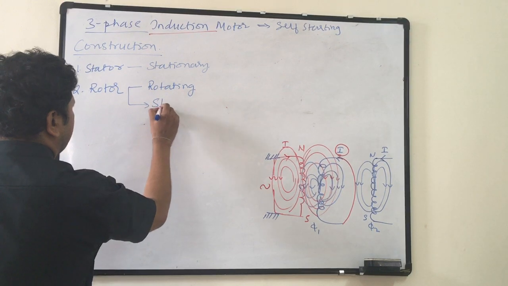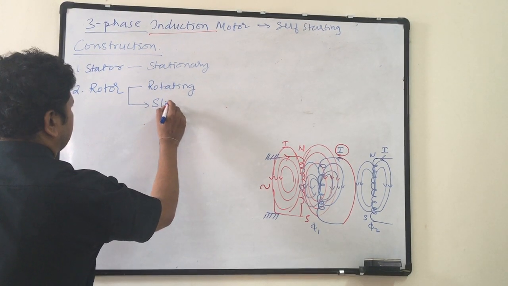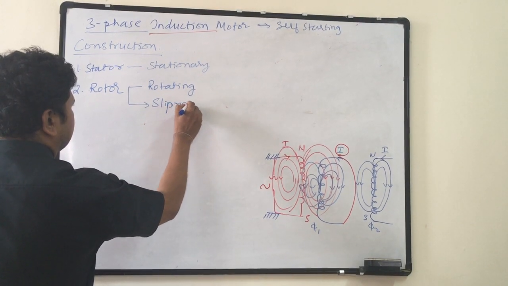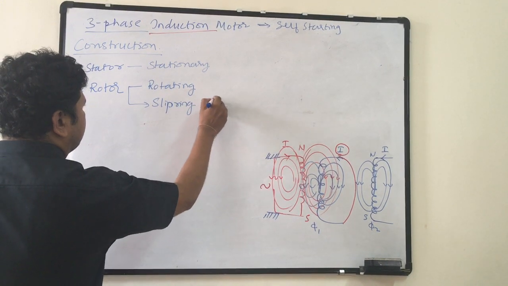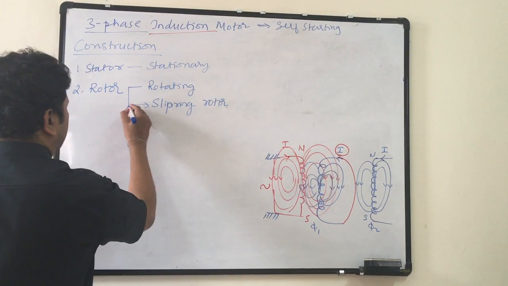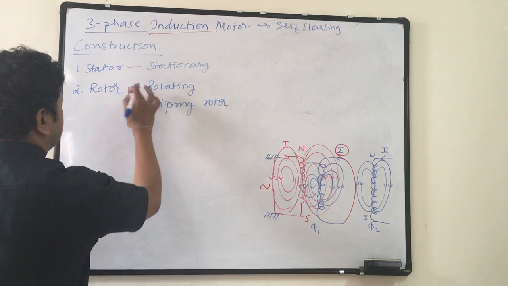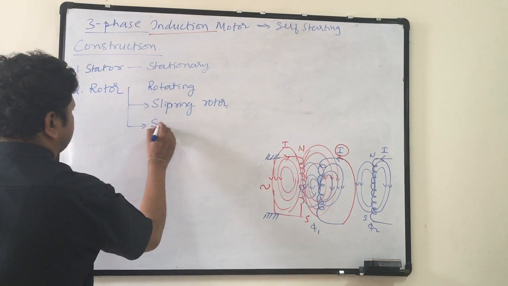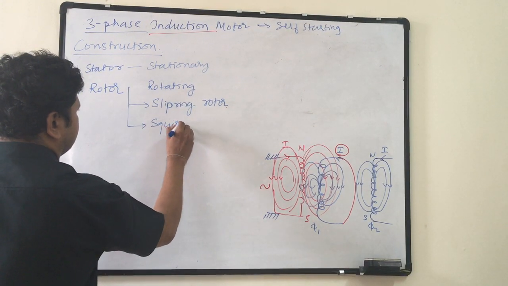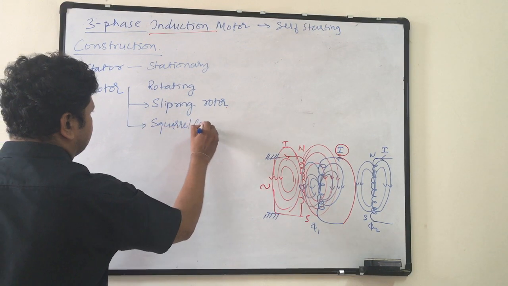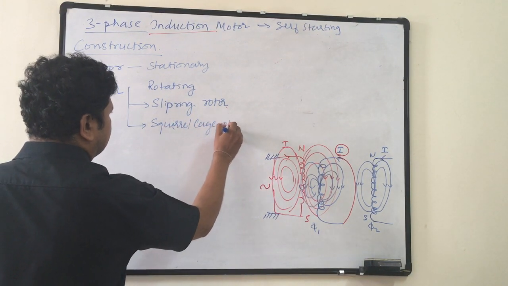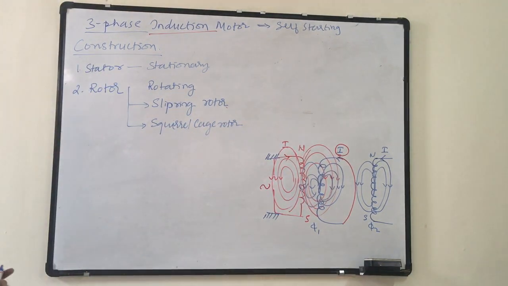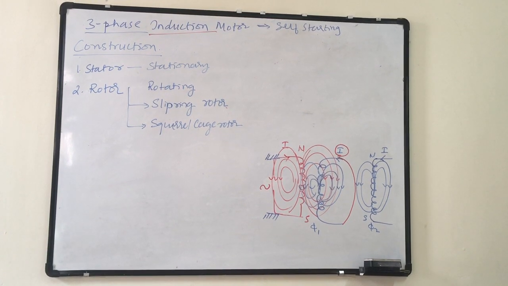One is slip ring induction motor or slip ring rotor, and second is squirrel cage rotor. Slip ring rotor or cage rotor.